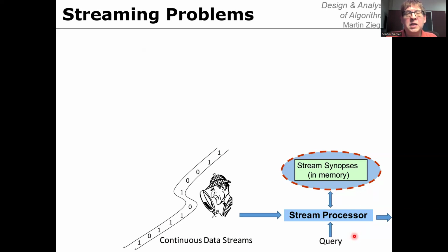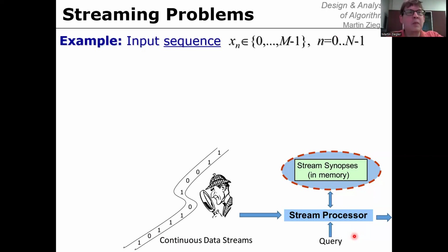The formal specification considers an input sequence of capital N entries, indexed with small n running up to capital N. Let's say that the entries of this input sequence, the stream, are small integers in the range from 0 to M-1, so that storing one entry in that sequence can be done using log M bits.